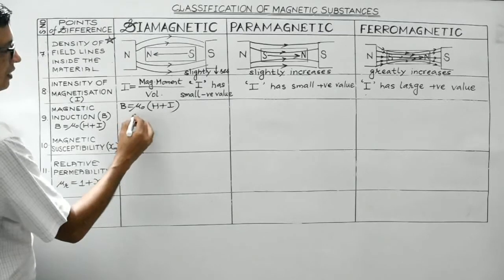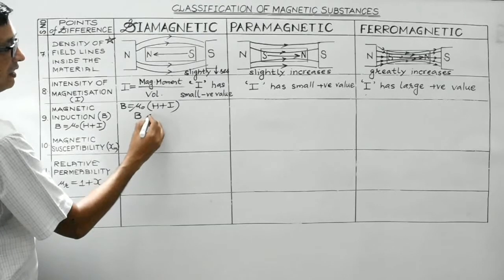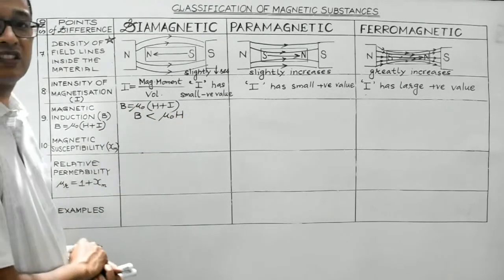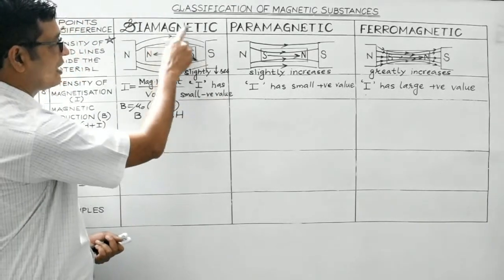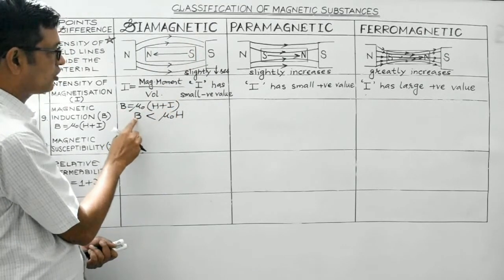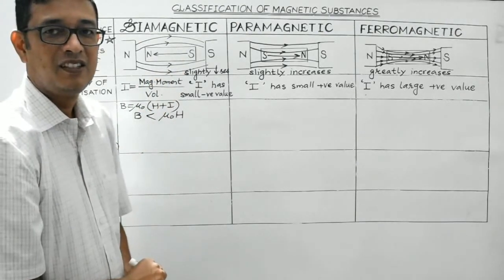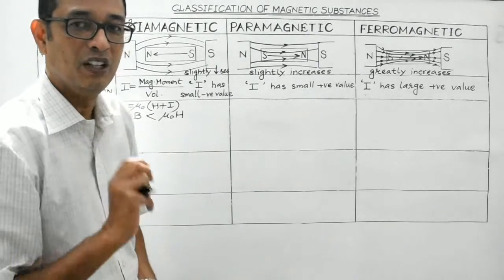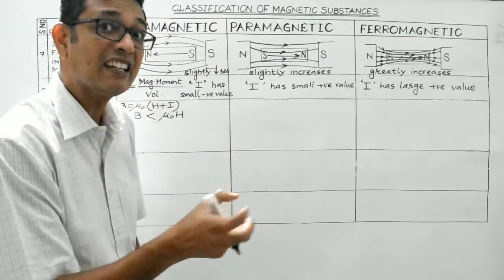So obviously, B, magnetic induction for the diamagnetic substance, would be slightly less than mu naught H. Am I clear, students? I repeat, since I has small negative value for diamagnetic substance, we can conclude that the magnetic induction inside the diamagnetic material is slightly less than mu naught H. Mu naught H is B naught, which is the magnetic field in vacuum. So inside the diamagnetic material, the magnetic induction is slightly less than that in vacuum.